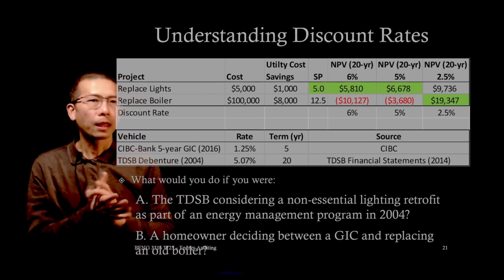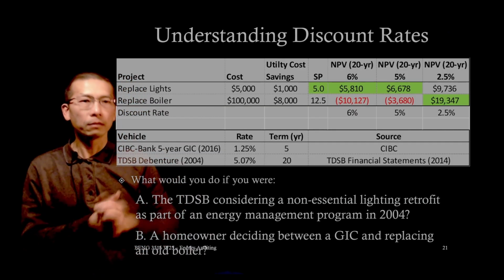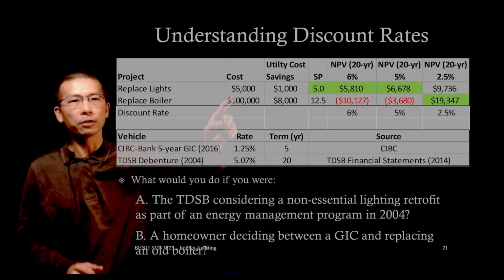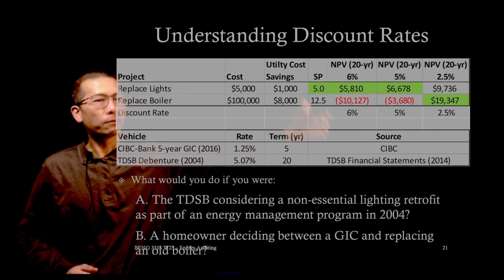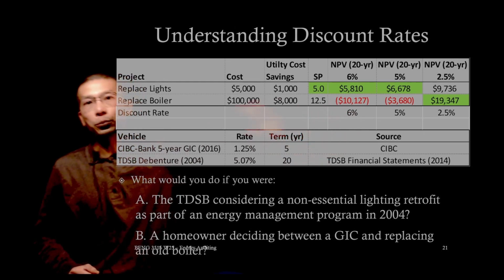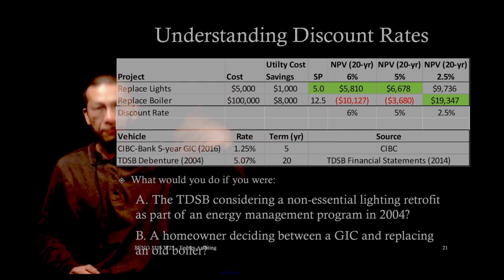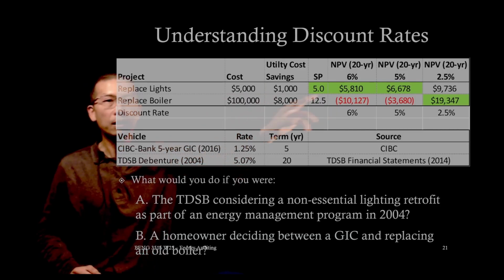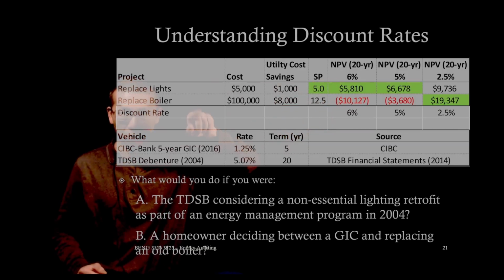Now, if we use the net present value, like if you do a cash flow diagram, 5,000 in the initial cost and then 1,000 every year for the next 20 years, and you do the present value for all the savings and the initial cost, you get 5,810 if the discount rate, the R term in the equation, is 6%.